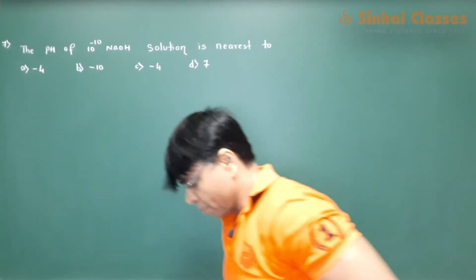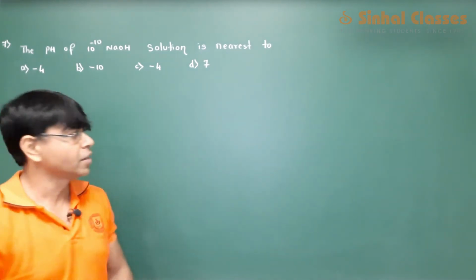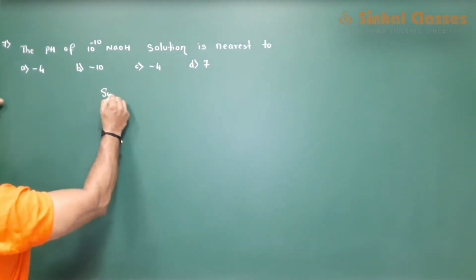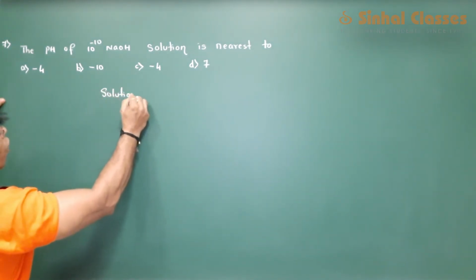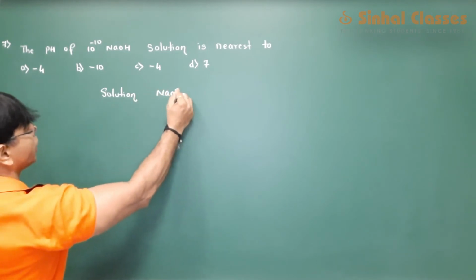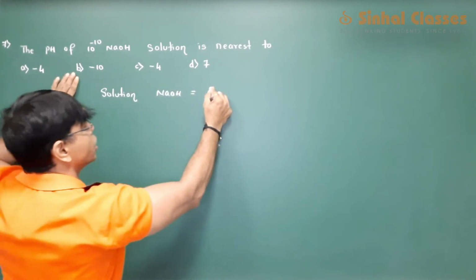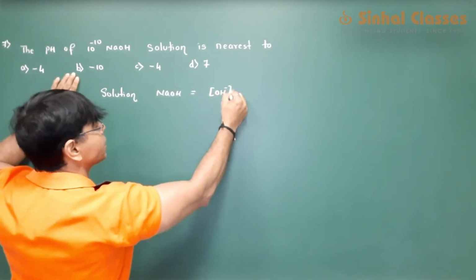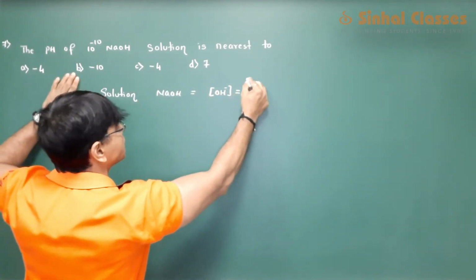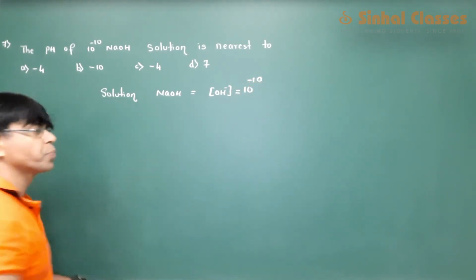Now many times what will happen is, the concentration of NaOH is given as 10 raised to minus 10. So OH minus concentration is 10 raised to minus 10.